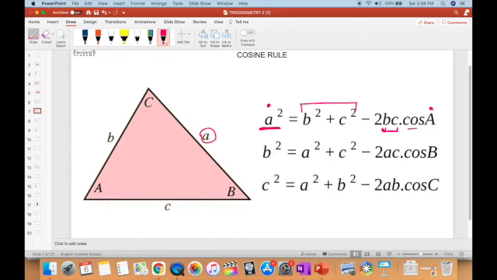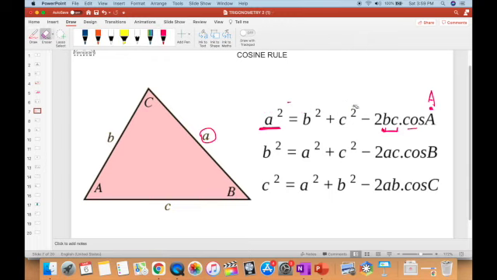So if you look at it here, A is equal to, in the formula, the only other A is the angle itself. Yeah? And everything else is the other two sides, B and C.